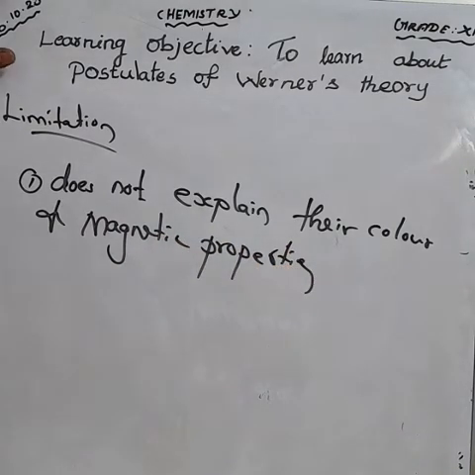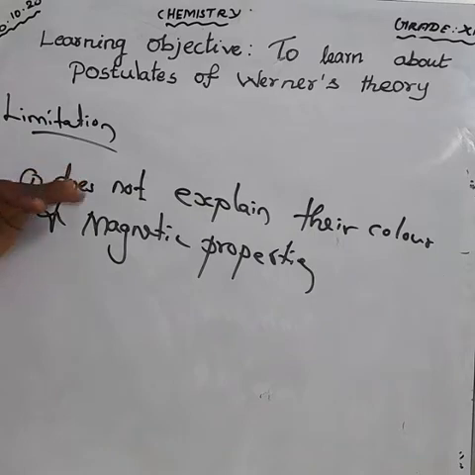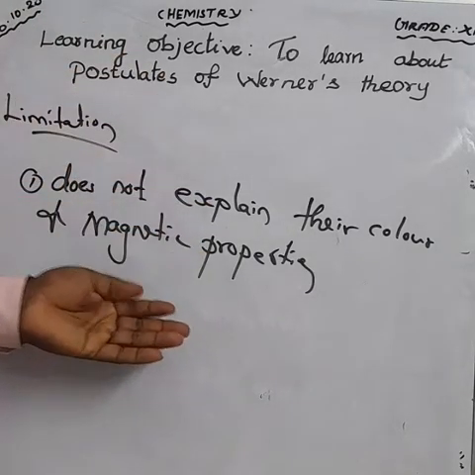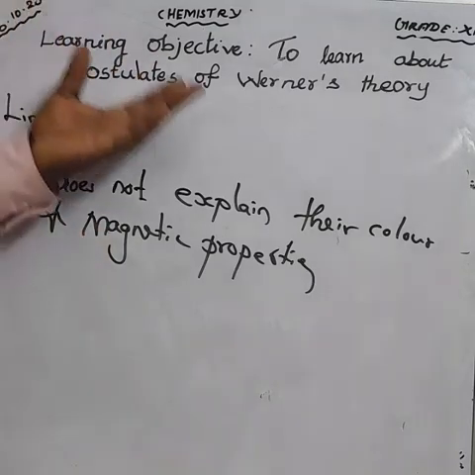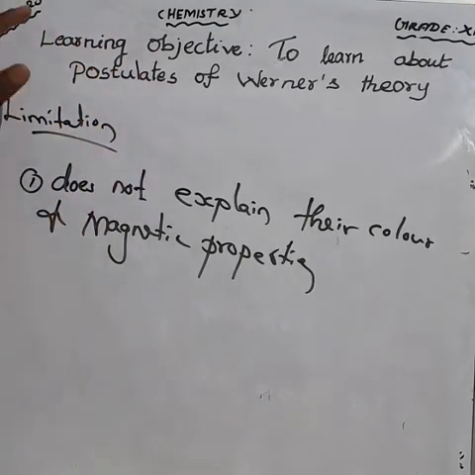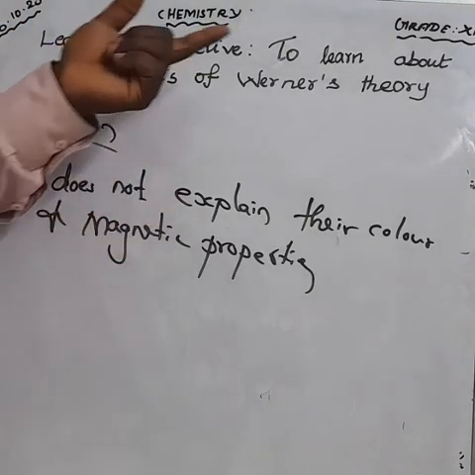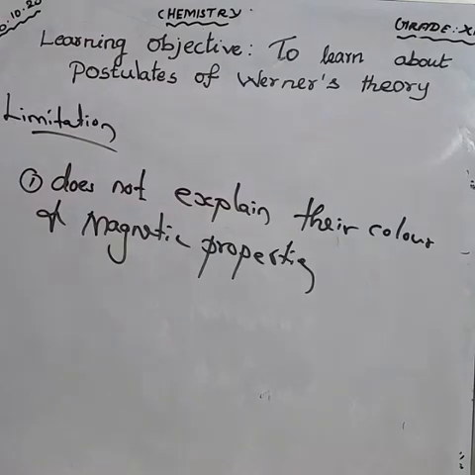This is one of the limitations, and it is for the 2-mark question. Werner's theory was able to explain a number of properties of coordination compounds, but what does it not explain? Their color and magnetic properties.